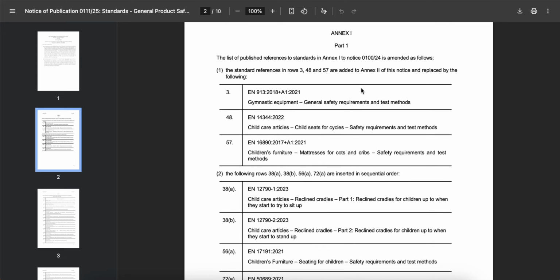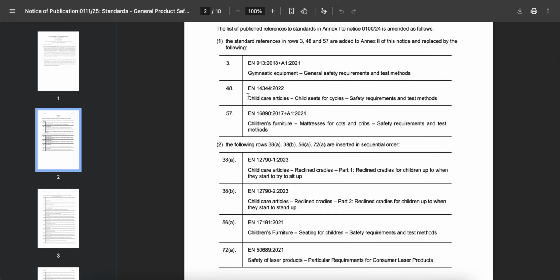You can see these as priority standards for products that are not only regulated by the GPSR 2005, but that generally have safety issues that must be mitigated.